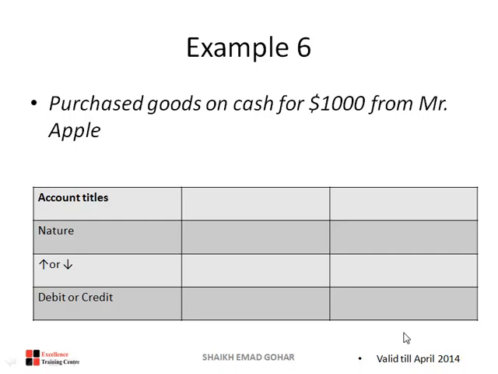So what is the rule? You will write a word, it is called purchases. Every time, whichever business it is, for goods you will write the same word, which is purchases. And I am purchasing on cash, so the other thing is cash. Fine. What is the nature of purchases? Expense.